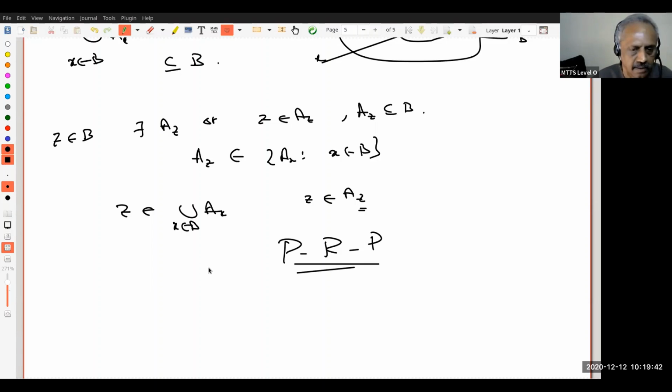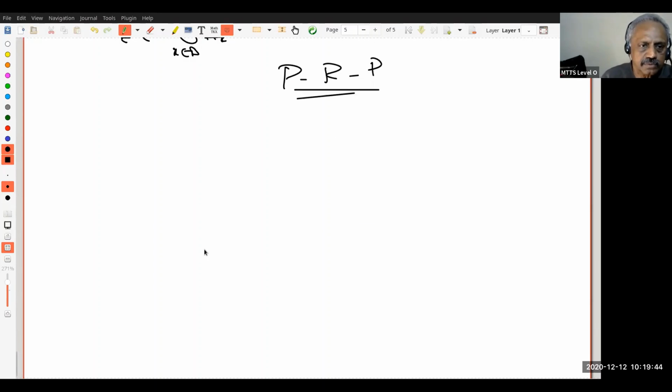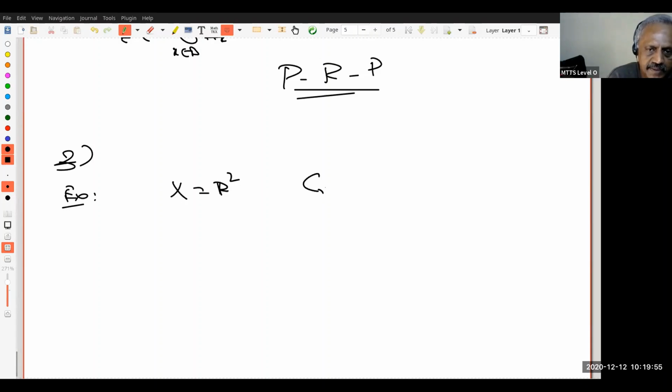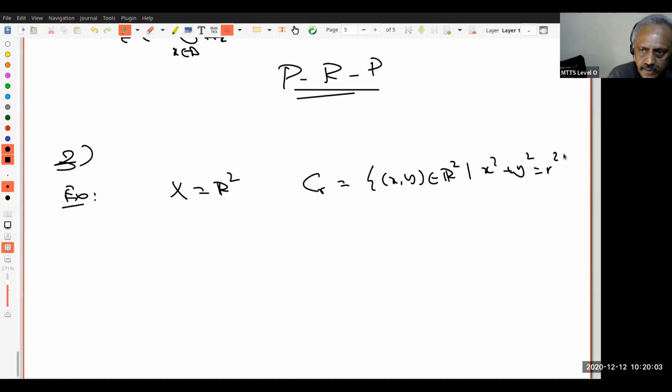Okay. And there are a few more examples I will give. Let X equal R^2. C_r equals the set of all (x, y) in R^2 so that x squared plus y squared equals r squared. You understand that?